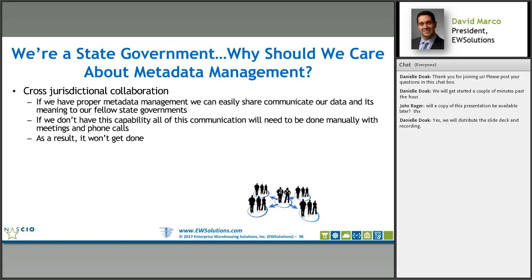Cross-jurisdictional collaboration. So this is a massive area. States are starting to work together more and more. And this, again, is being pushed from a federal level in many cases. When we do that, it is vital that we can communicate our data and what it means to these other states.